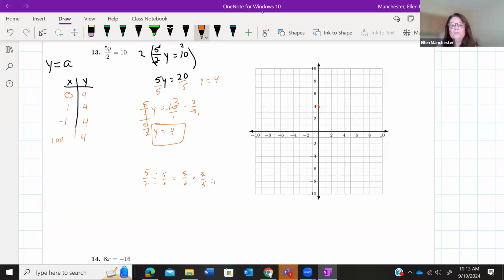When x is 1, y is 4. When x is -1, y is 4. When x is 10, y is 4. -10, y is 4. So do you see what kind of line you get? You get a horizontal line. So anytime you have y equals a value, you're going to end up with a horizontal line.